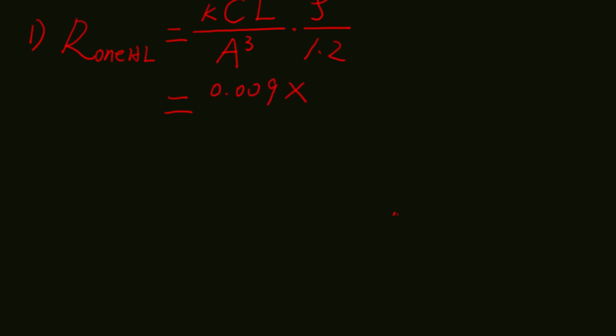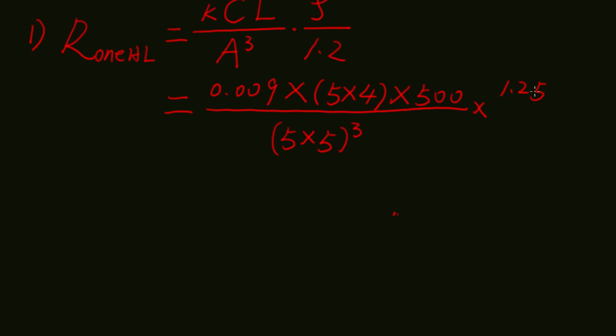C is the perimeter; the dimension of the haulage level is 5 meter wide by 5 meter high, so C is 5 by 4. L is 500 meters, divided by the cross-sectional area, that's 5 by 5, cubed, times rho divided by 1.2, and rho is given as 1.25 divided by 1.2, which equals to 0.006.